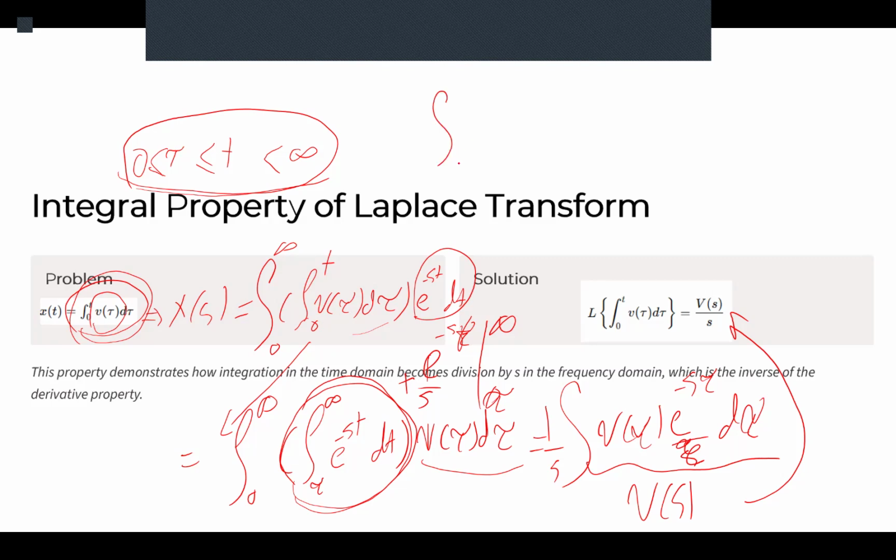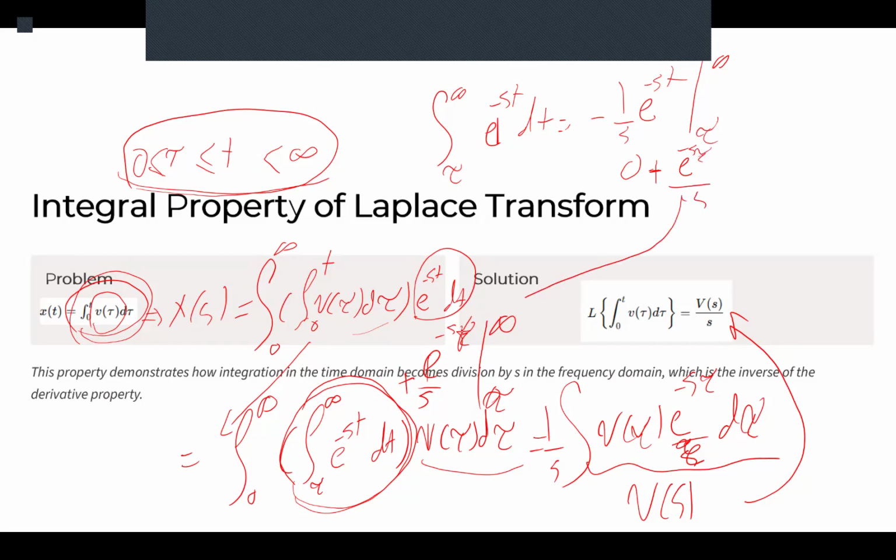The integral from tau to infinity of e to the power of minus st dt is going to be minus 1 over s e to the power of minus st from tau to infinity. If we limit t to infinity, this becomes 0. So it's 0 minus, if we go to tau, it becomes e to the power of minus s tau over s, and we have another minus here, so it's going to be plus e to the power of minus s tau over s. Are we good?